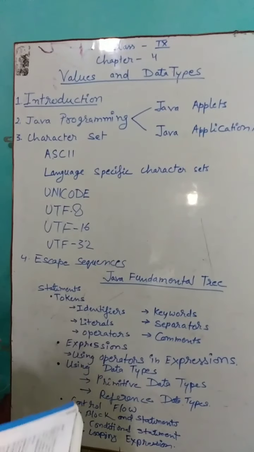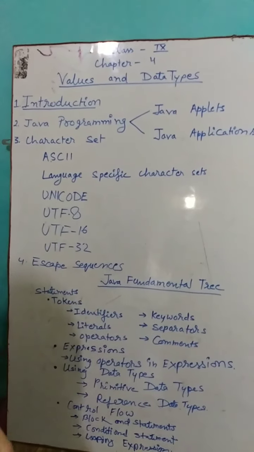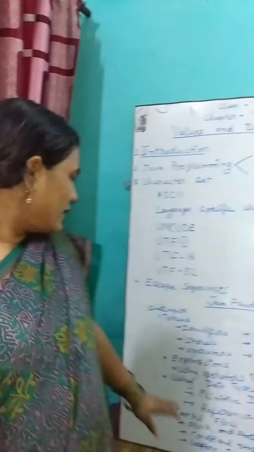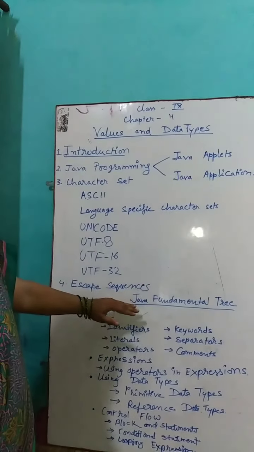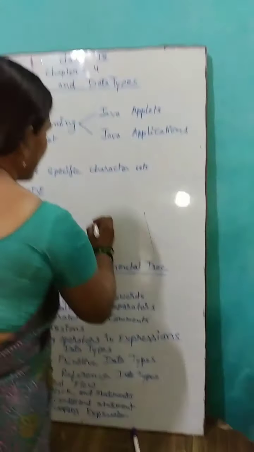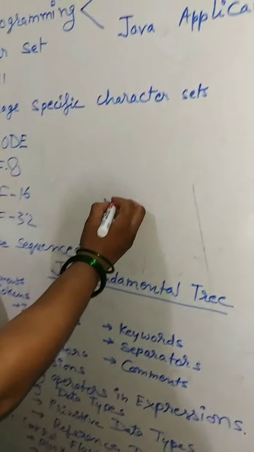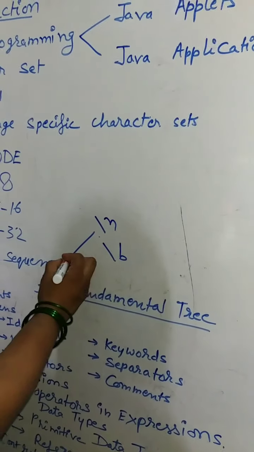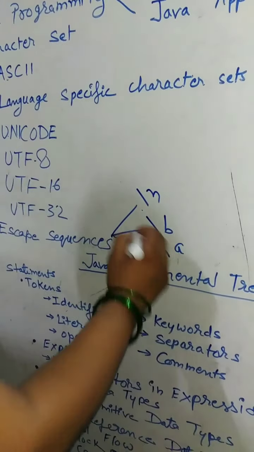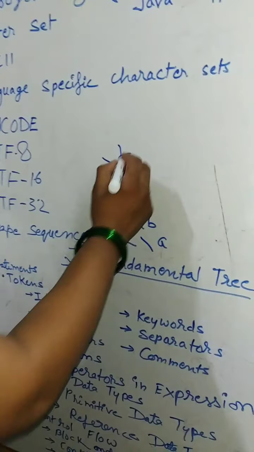Okay. Next topic is escape sequence. What is an escape sequence? An escape sequence is a series of characters used to change the state of the computer and its attached peripheral devices. There are different escape sequences which we have, like backslash n, backslash b, backslash a, backslash t.